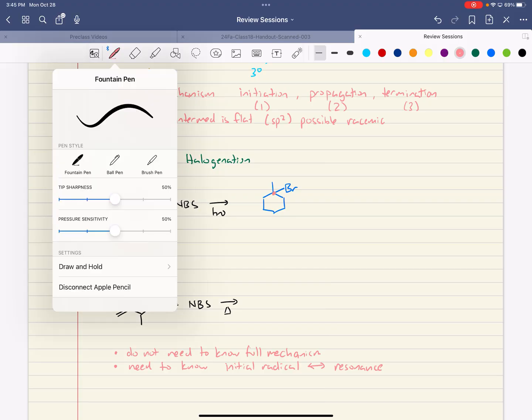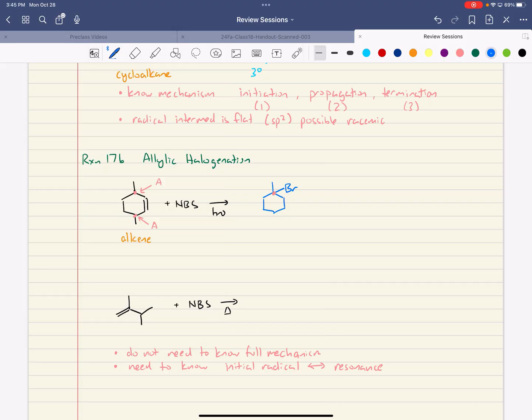And you keep the double bond because you're forming what's called an allylic bromide. So all of these products will be the allylic bromide. And we have two in this case, I think. Do you see how all I need to do is put the bromine on this pink dot?